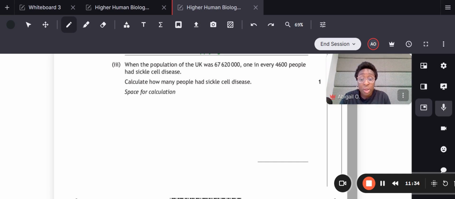So finally, when the population of the UK was 67,620,000, one in every 4,600 people had sickle cell disease. So we're supposed to calculate how many people had sickle cell disease.